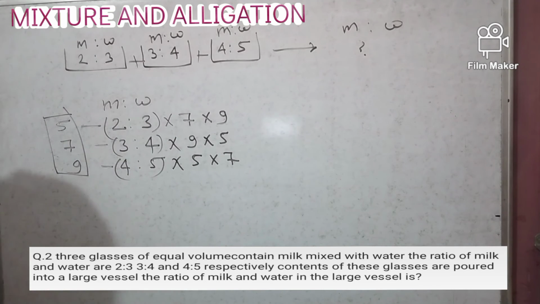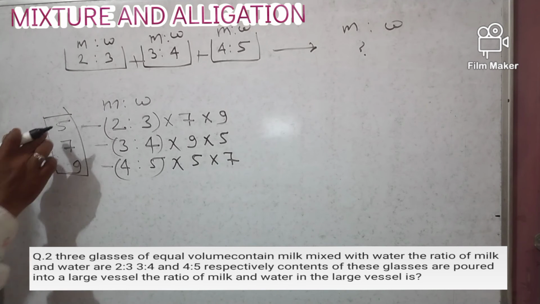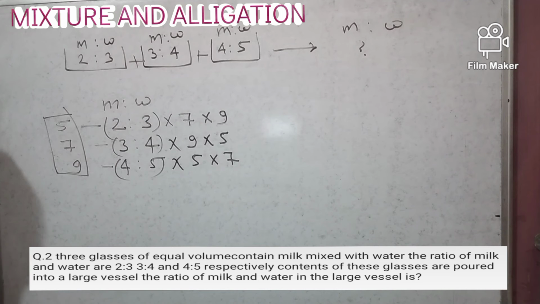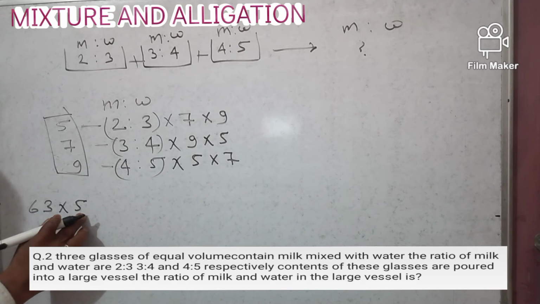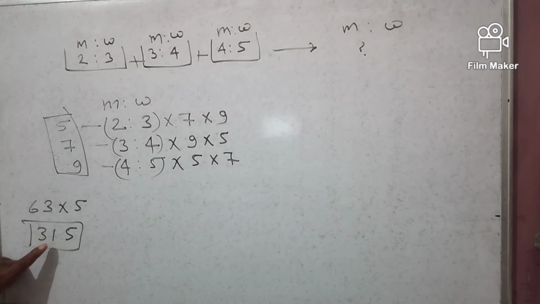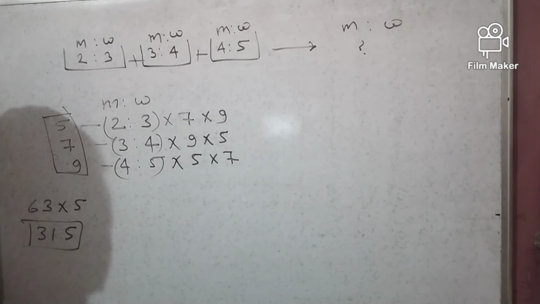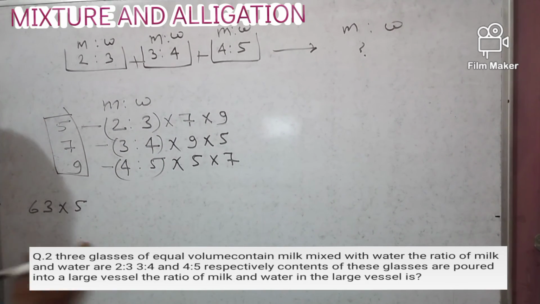Otherwise you can take the LCM. For 5, 7 and 9 the LCM will be 9 times 7, that is 63, then 63 into 5 is 315. So better you do it like this, right?